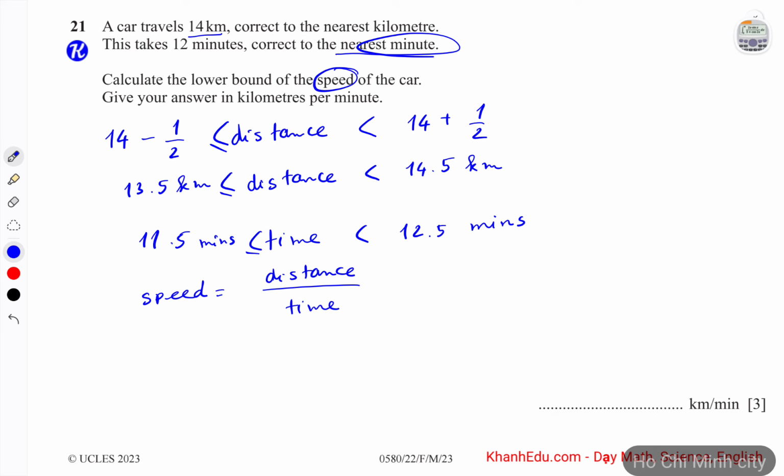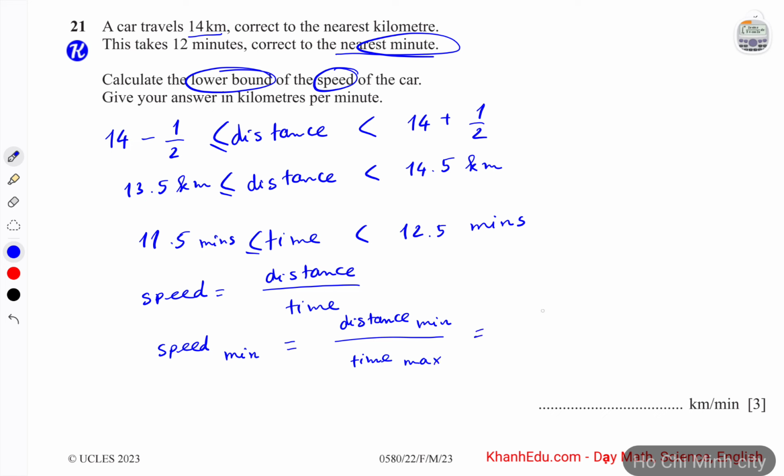So to have this one with a lower bound, it means that the distance would be the minimum and the time would be the maximum.